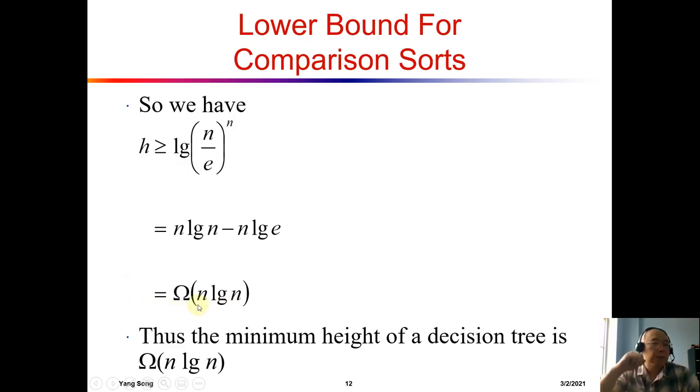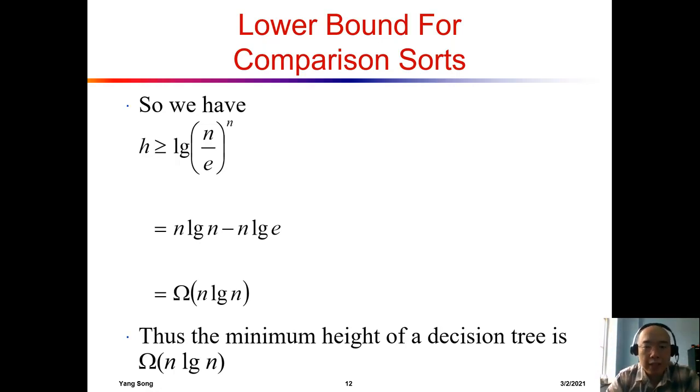And by the way, think about that. What's the height of this decision tree? The height is how many comparisons we have to make from the very first comparison to the very last comparison before we can draw a conclusion on the final sorted version of the list, right? So that is how many comparisons we have to do.